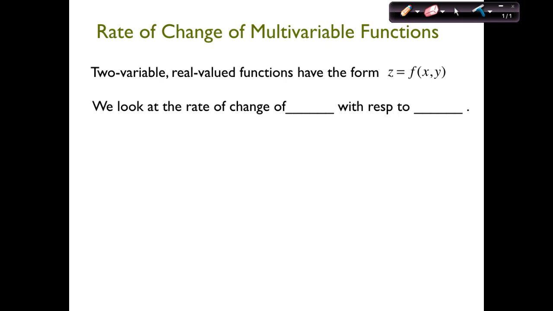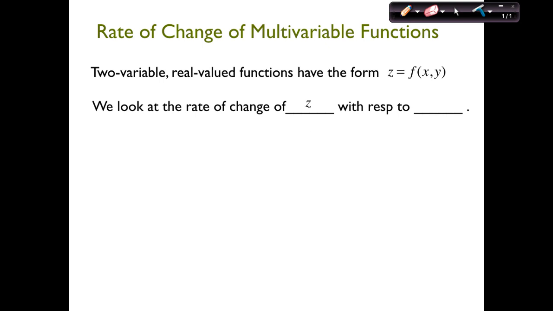Y with respect to x? Is that what makes sense to look at? Would you do x with respect to z and y with respect to z? So, rate of change of z. Yeah, so you had it right. You just flipped it.